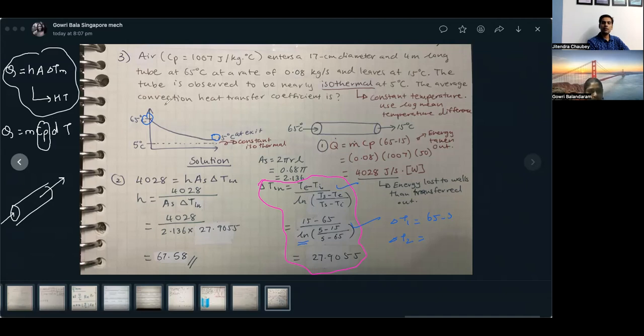Sorry, can you repeat this one again? Okay, Q is equal to mCp dT is basically heat either lost or gained by the object. It talks about a particular fluid or particular object, whereas the other formula talks about two systems exchanging heat.